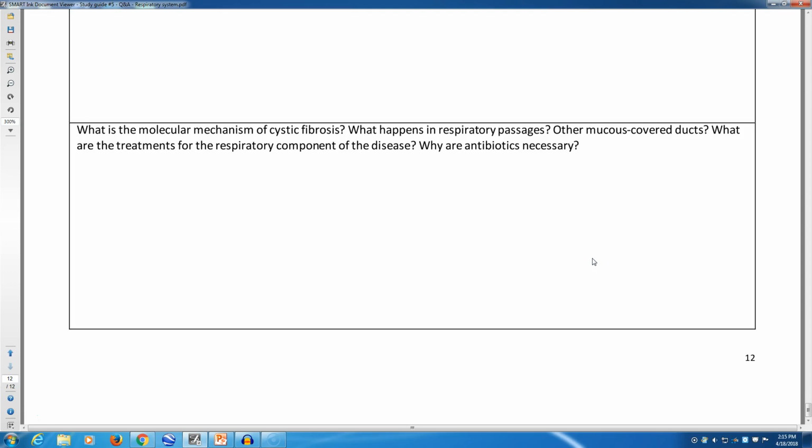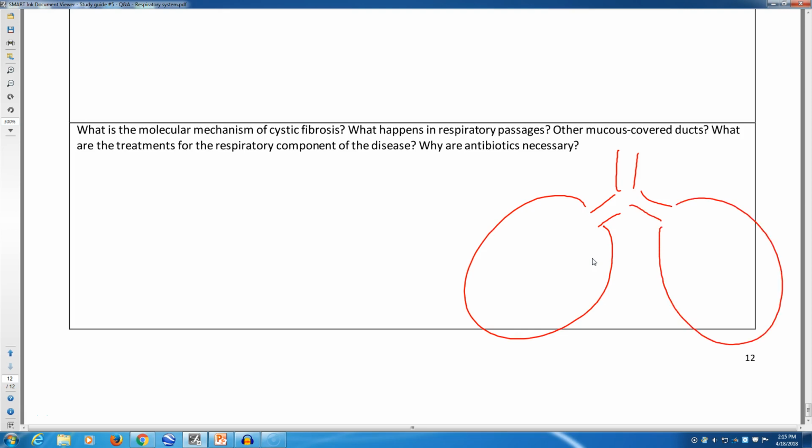But think about this. If you have lungs and respiratory passages, in a patient with cystic fibrosis you have to do very aggressive antibiotic therapy, extremely aggressive, to basically sterilize this thing.